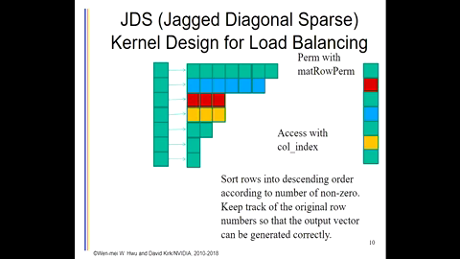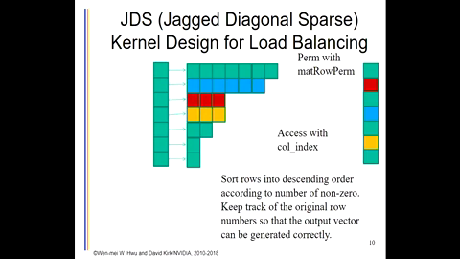So now the rows are going to be ordered from the longest to the shortest, and that's why you almost have a kind of diagonal matrix, but it's kind of jagged. So that's why this is called jagged diagonal sparse representation.